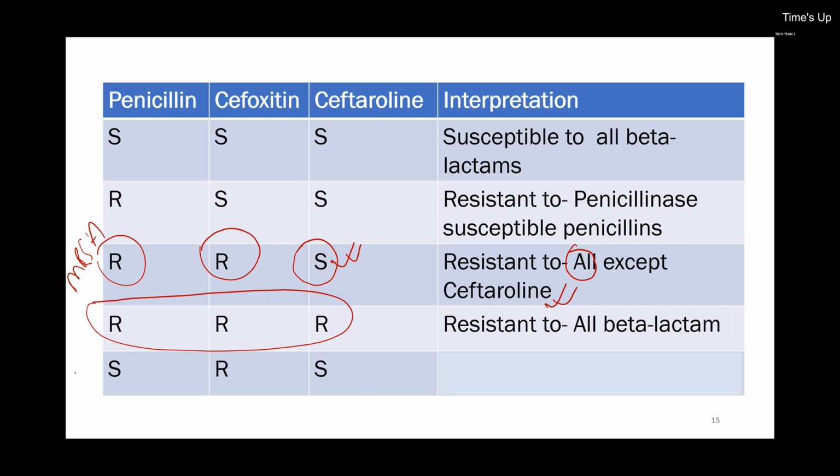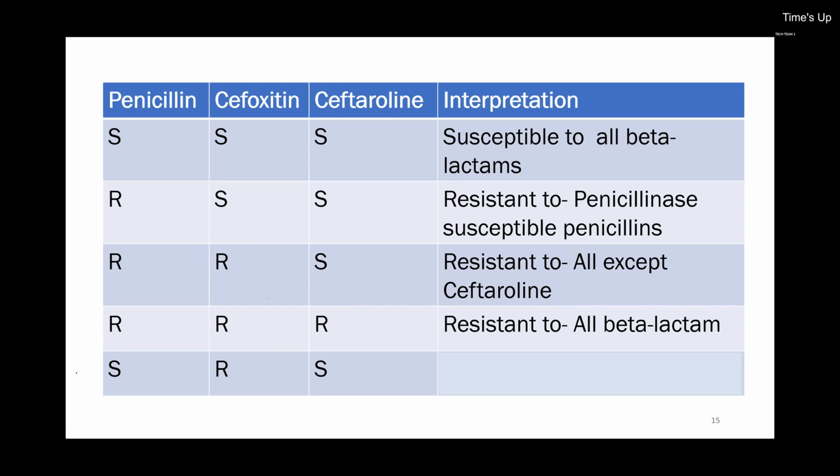What if this scenario occurs? My penicillin is susceptible, my cefoxitin or oxacillin is coming resistant, and my ceftaroline is coming susceptible. Anyone can unmute and let me know what this is. This is non-mec mediated MRSA.